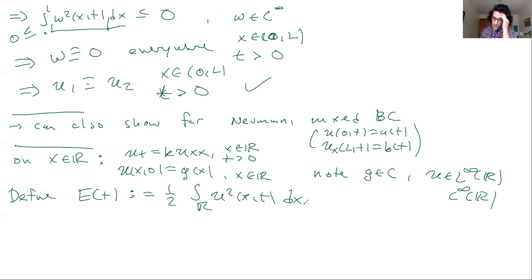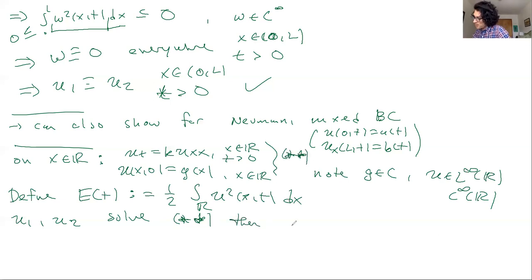Well, in that case, let's say that u1 and u2 solve the above, I'll call it double star or something like that. Here's our double star. Then W equals U1 minus U2 satisfies W_t equals W_xx, and W(x,0) equals just 0 there.